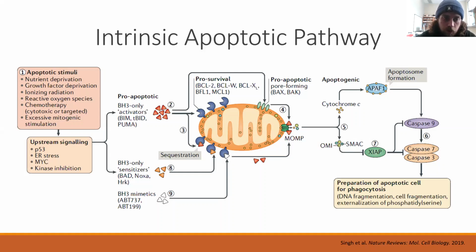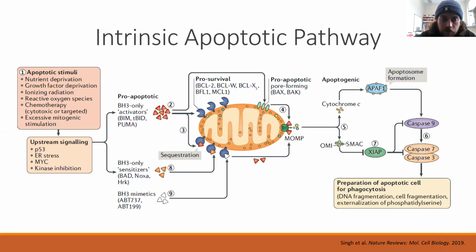Now the BH3-only proteins, which are activators, are the most pro-apoptotic proteins, and the BH3 region is the cell death region. So these BH3-only proteins are considered highly pro-apoptotic and the initiators of the intrinsic apoptotic pathway. Notably BIM, BID, and PUMA are activators, seen at number 2.